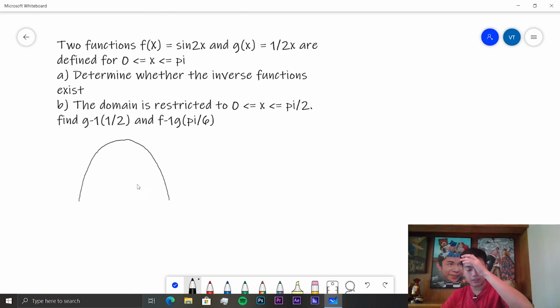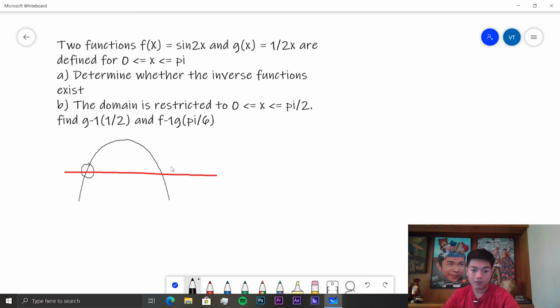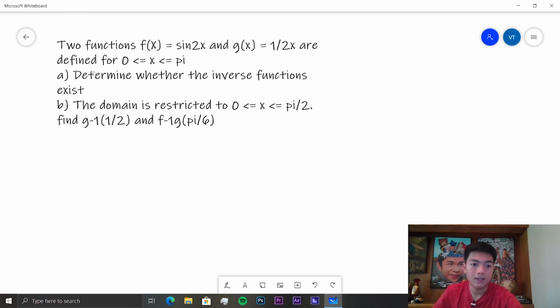So to get the inverse function, we can mirror this along the line y equals x, obtaining something like this. And the problem is this no longer passes the vertical line test, because first of all, this is not a one-to-one function in the first place. So this is a many-to-one function since there are many x values for one y value, and so the inverse function cannot exist for this domain.